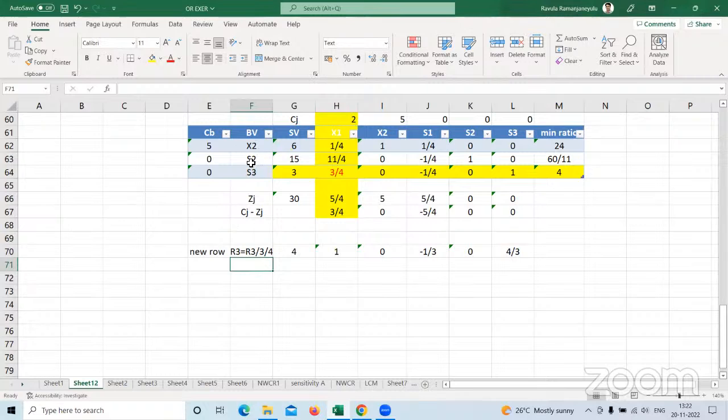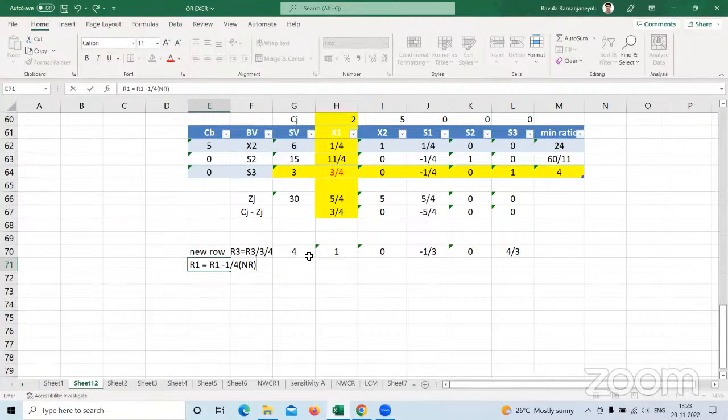Then the other rows are nothing but the first and second row. So we'll go for the first row. R1 is equals to R1 old values minus the key element, 1 by 4, into the new row values.